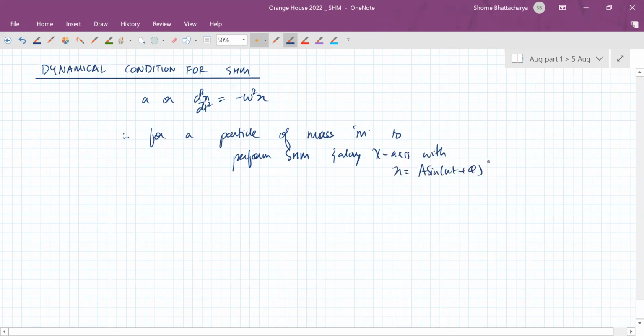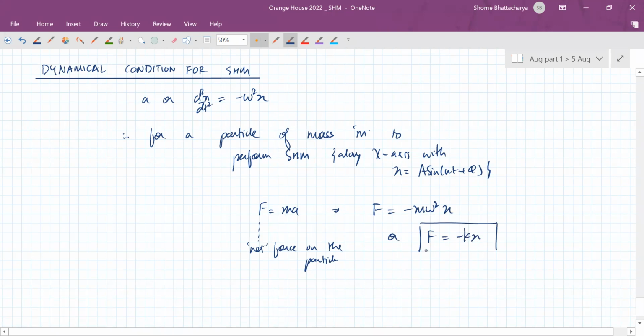For this to happen, the net force acting on it should be equal to mass into acceleration, where F I'm referring to is the net force on the particle. I'm writing it in 1D because it's motion along the x-axis. So the net force should be equal to minus m omega square x, or what we write as minus kx, just like a spring force.